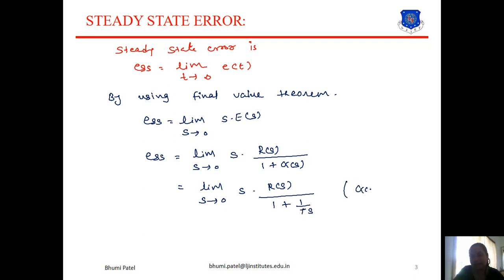We can take the system equation G of s is equal to 1 by Ts. So we can get limit s tends to 0, Ts square into R of s upon Ts plus 1.